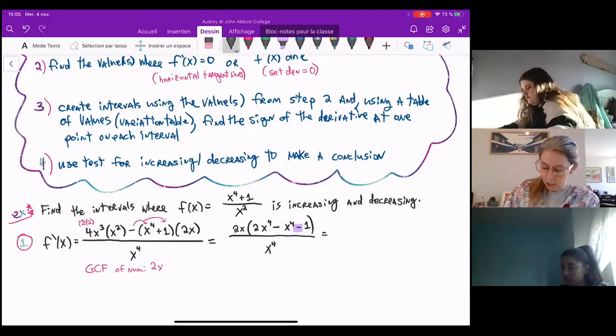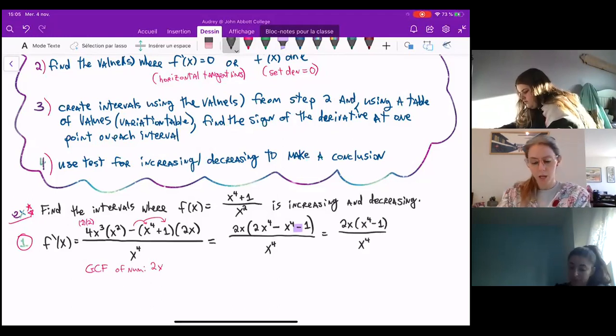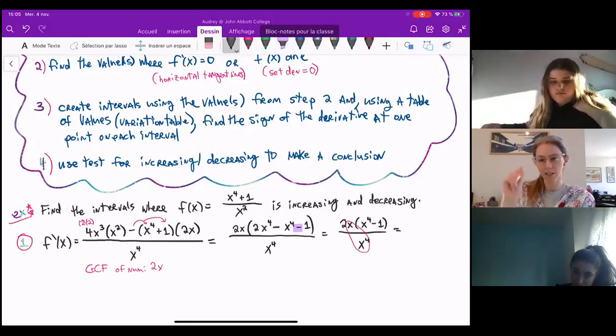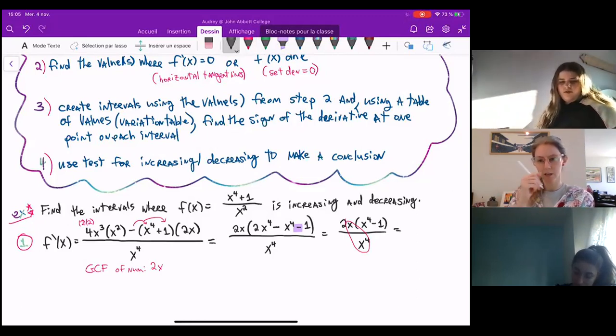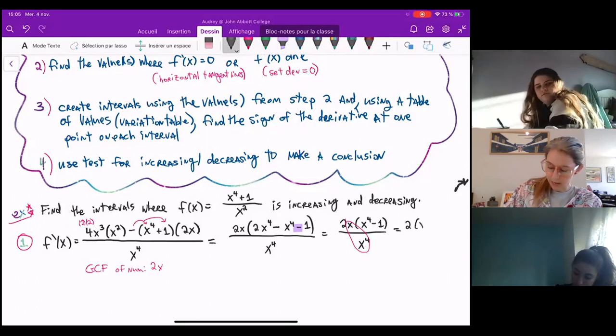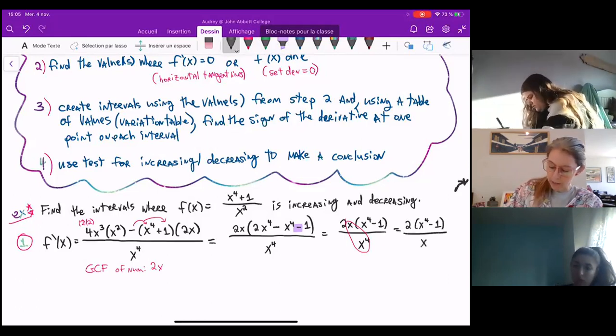So then this is 2x times x to the fourth minus 1 over x to the fourth. What can I do here? Can I cancel out one of those x's? Yes. So I'll have 2 times x to the fourth minus 1 over x cubed.